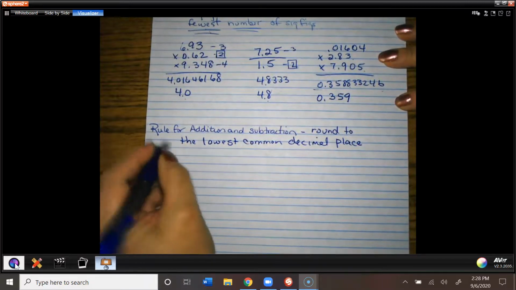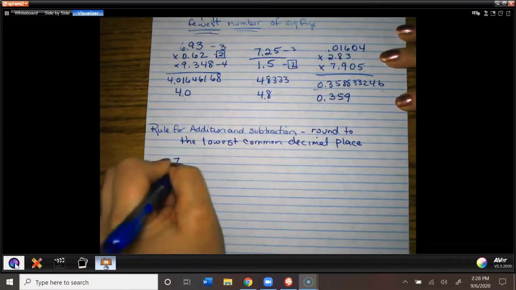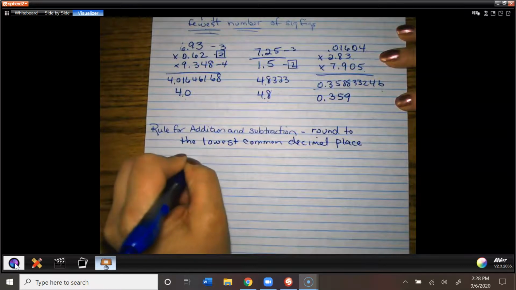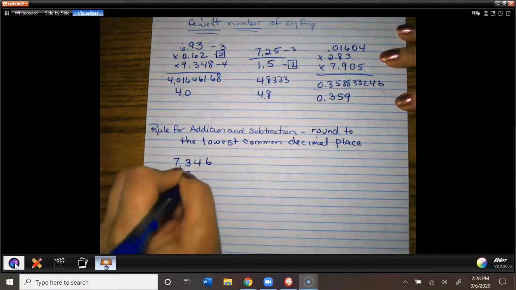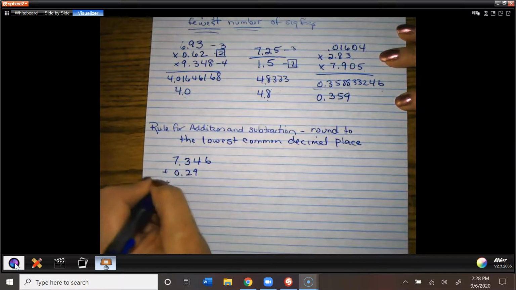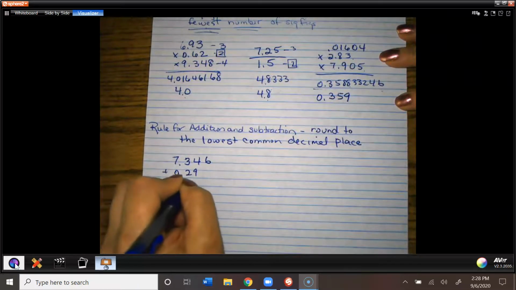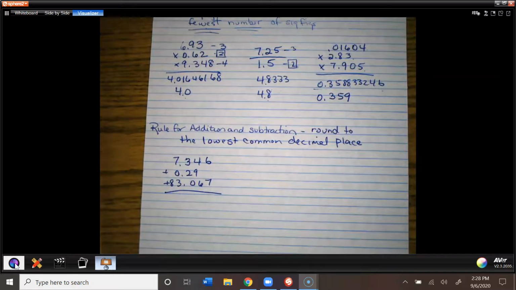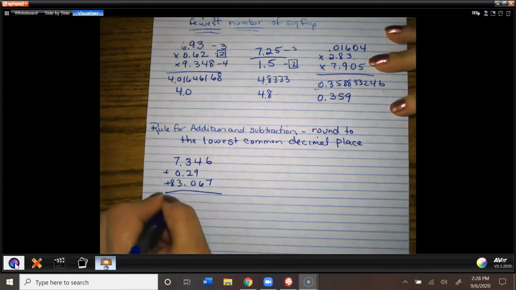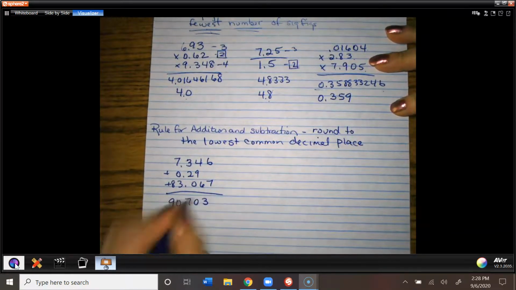So for example, if I've got 7.346 plus 0.29 plus 83.067, if I add those up, I wind up with 90.703.